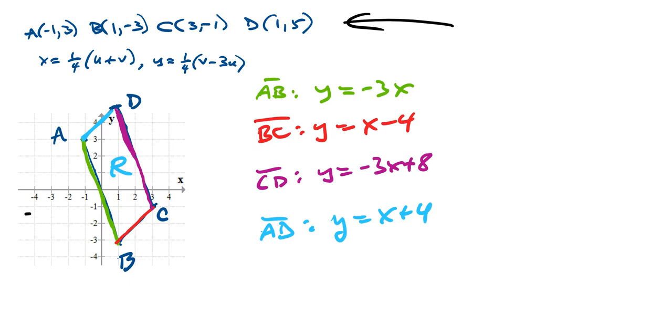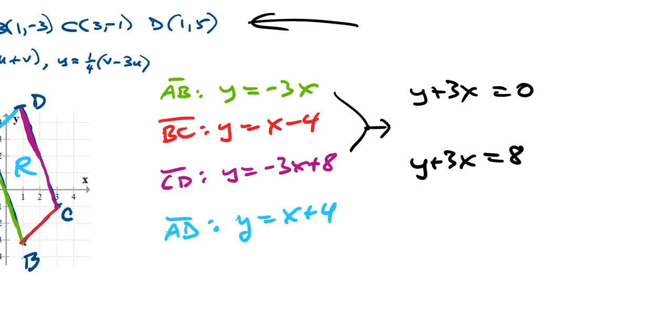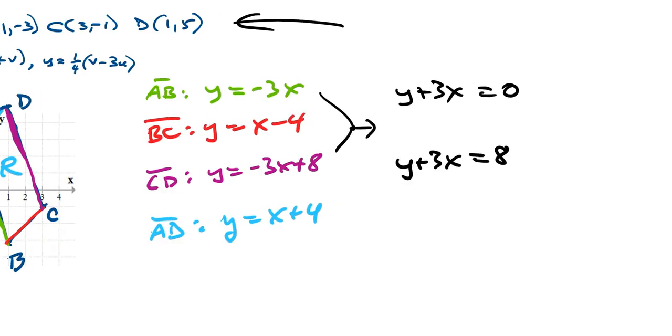If you look at AB and CD, AB and CD are parallel to each other. So I'm going to take those two and put those together. I'm going to move the x's over: y plus 3x equals 0, and then y plus 3x equals 8. And then the other two I'm going to put together as y minus x equals -4, and then y minus x equals 4.